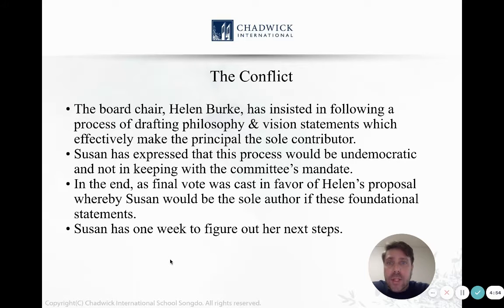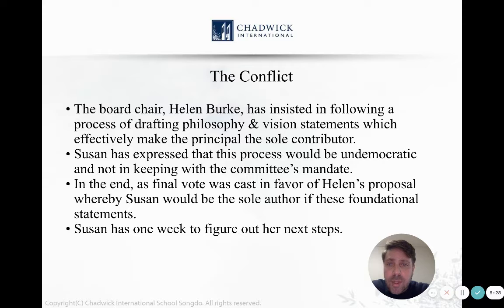So the conflict. The board chair, Helen Burke, has insisted on following a process of drafting philosophy and vision statements, which effectively makes the principal the sole contributor. So effectively, what has happened is that Helen Burke and the vast majority of the board members have decided to make the process of drafting these documents based on the principle of expediency and not necessarily of thoroughness.